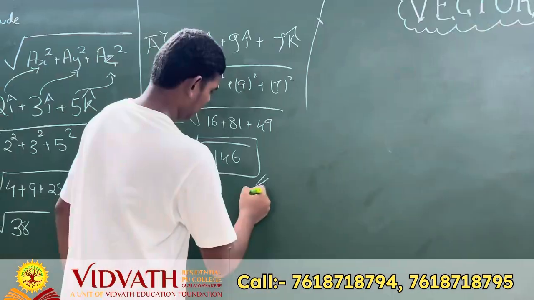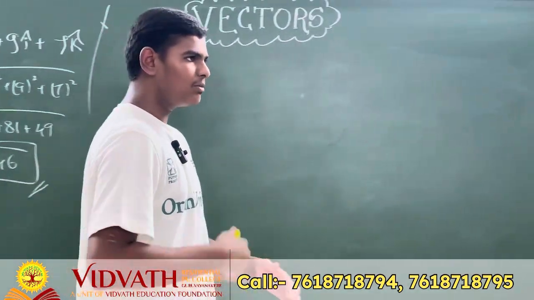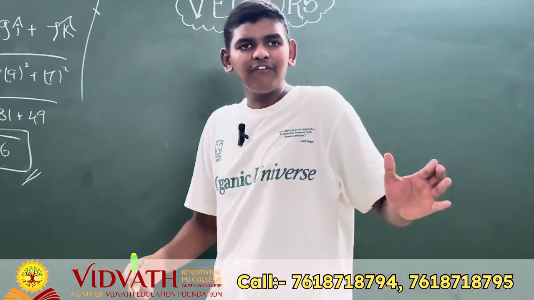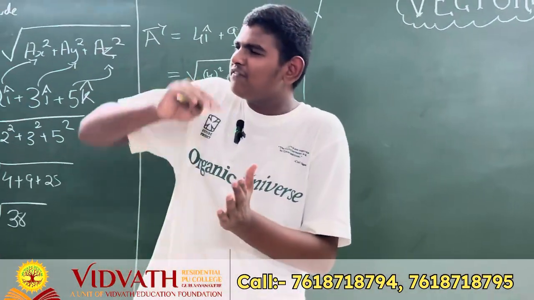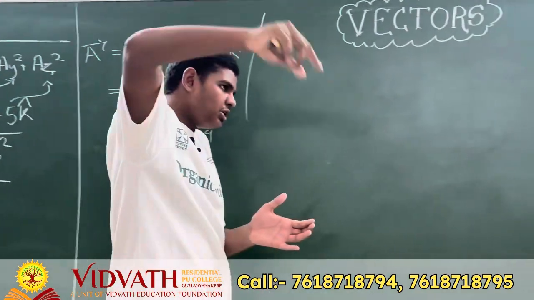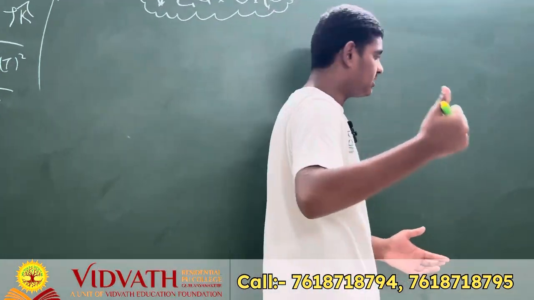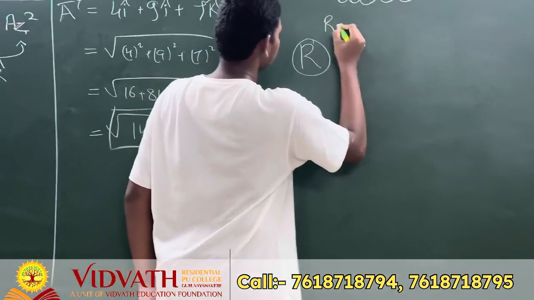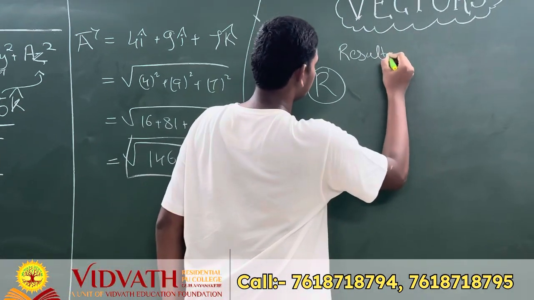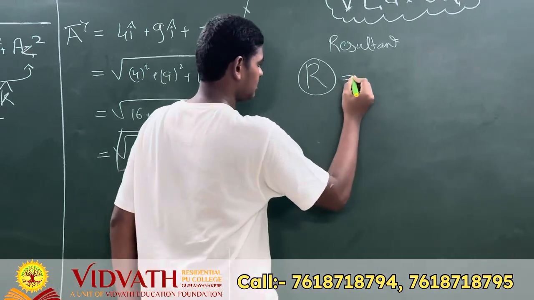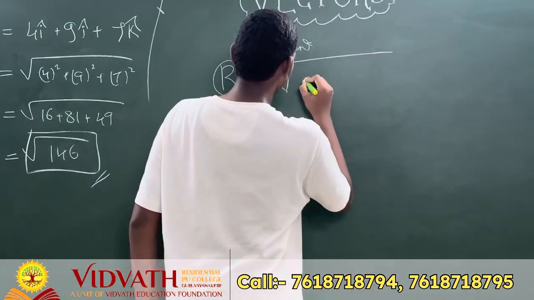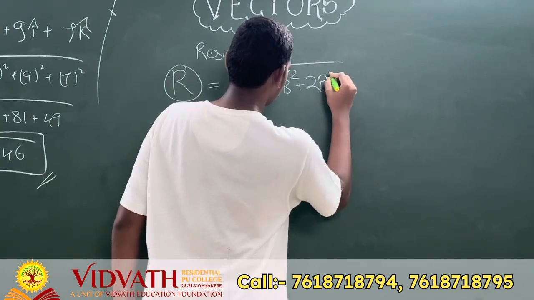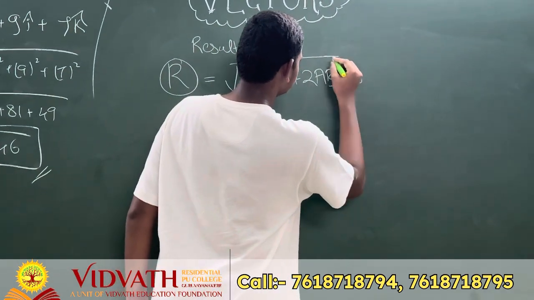So with the standard result of 146, we move on to a second topic. As I've already said, all the warriors standing here have finally cleared level 1 and are getting very close to the boss level. So here we go to the next topic, resultant. So I'll represent resultant R. So this is whole root a square plus b square plus 2ab cos theta.